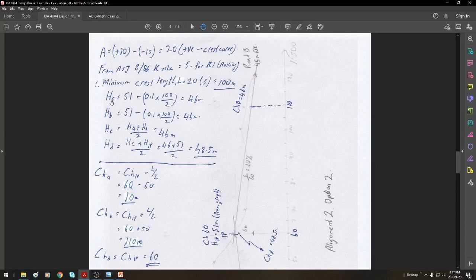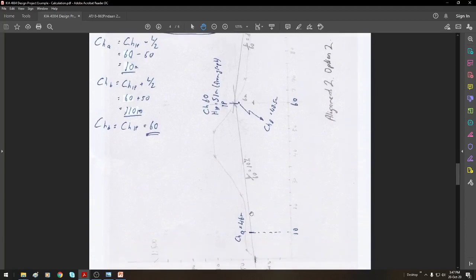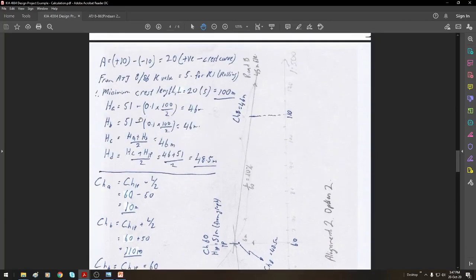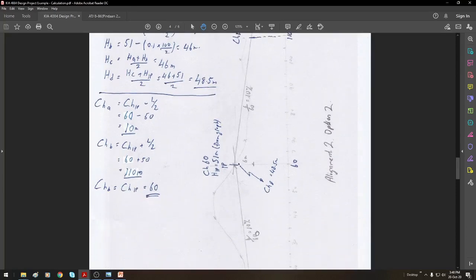Next, the height of point A. Point A is the first point, the tangent point between the curve and this straight line. Height of A is 51, which is the height of the IP, minus 0.1 times 100 divided by 2. 100 is the length of your vertical curve, and 0.1 is the gradient here, 10%.